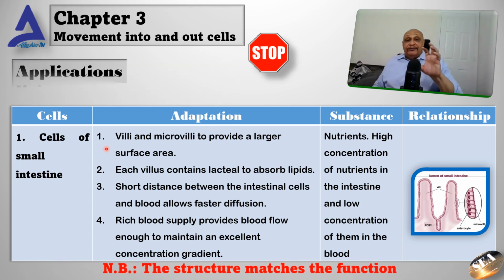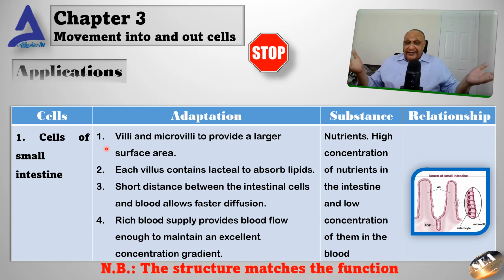So now we have villi and microvilli that increase the surface area. Last time when we talked about the factors, we said that when the surface area increases, the diffusion rate increases. So this is the first adaptation, and this is how it works.